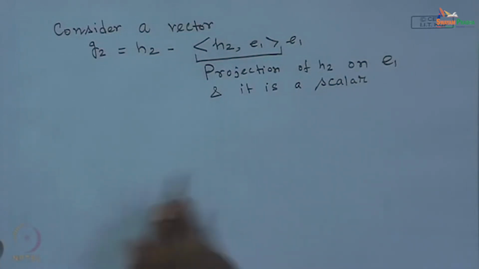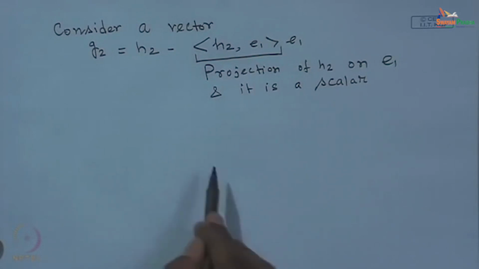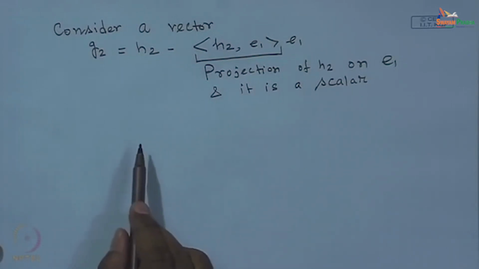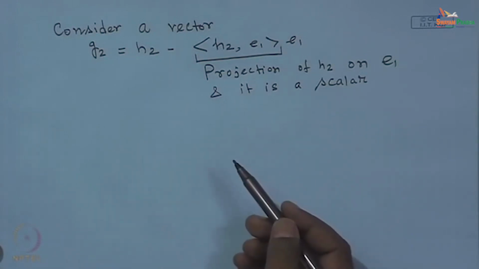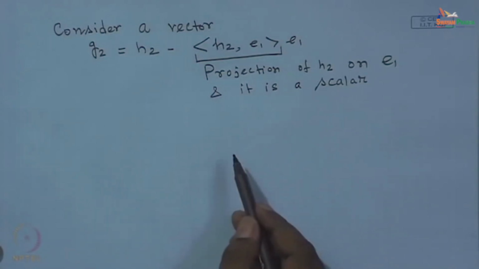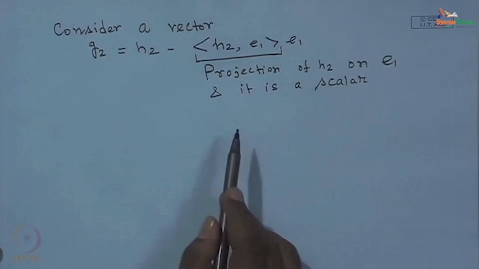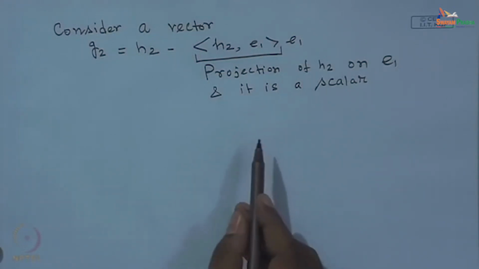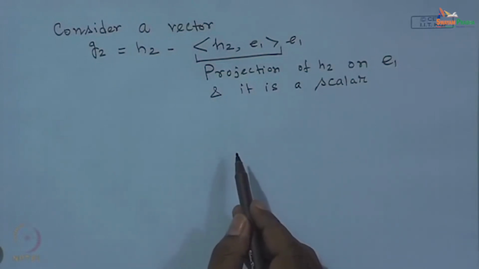By doing this mathematical operation, we will be going to the next step, which will be a stepping stone for formulation of the next vector E2 of our target set, which will constitute the orthogonal and orthonormal basis set.